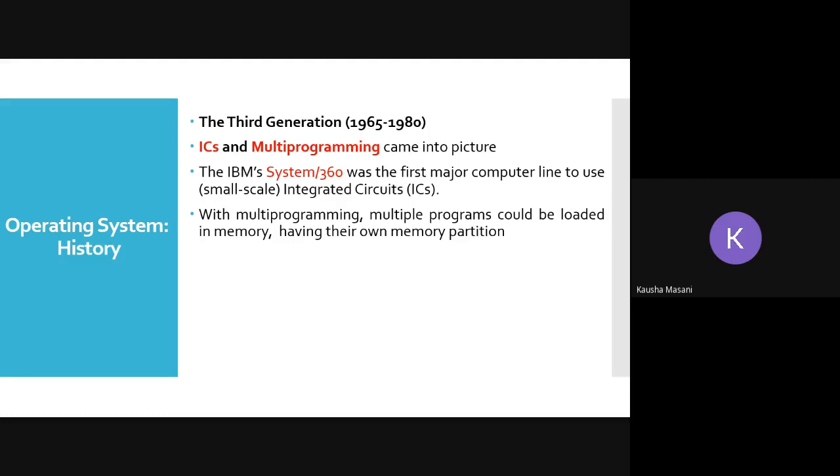But in this third generation, because of multiprogramming, the concept of memory got introduced, and with that, multiple programs were able to get loaded, and they had their own memory partitions to work on. Fine. Now, because of this, you needn't wait so long, like a day or half a day, for the long procedure to load the job, then process the job, then again put it on tape.